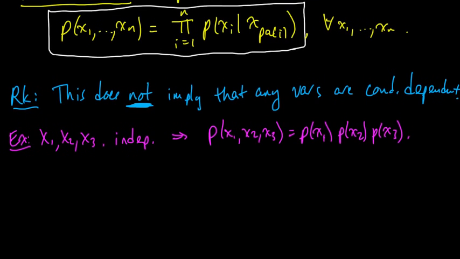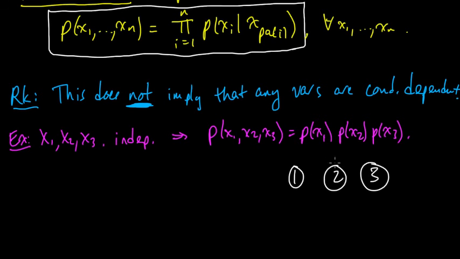So if we think about this factorization in terms of this formula, what would be a graph that this factorization would respect? If we took the graph with 1, 2, and 3, one node for each variable, we don't need to put any parents for 1, because it's not conditioned on anything.